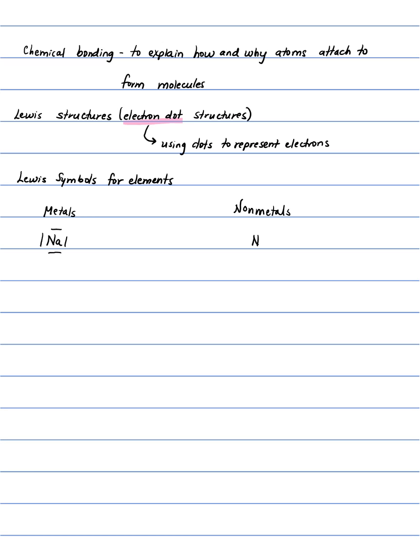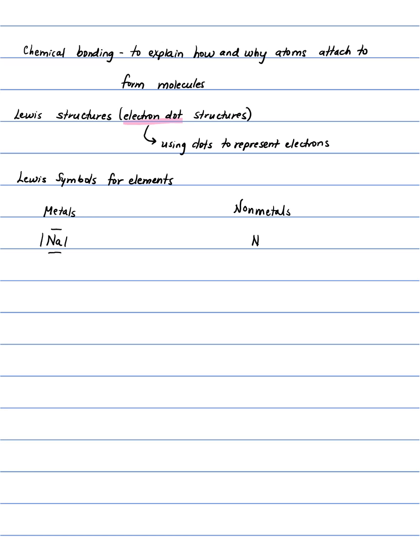When you have the actual Lewis symbol, there are no lines, just the dots for the representation of the valence electrons. So for sodium, you can choose any of the four sides where I place the line to put the electron, and you can always do that for any symbol.